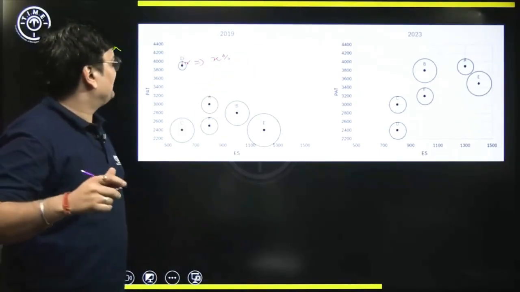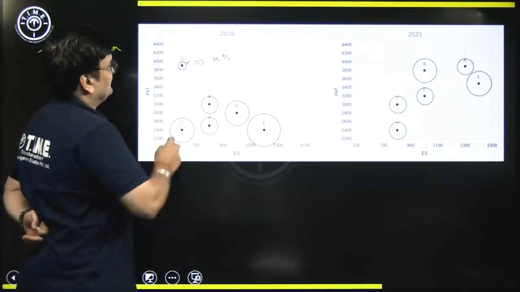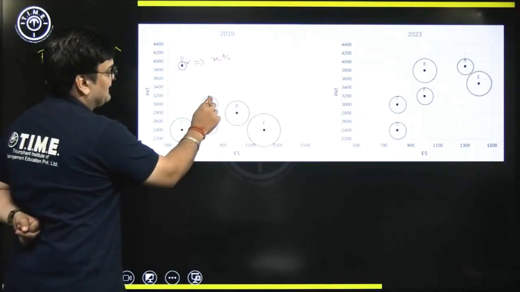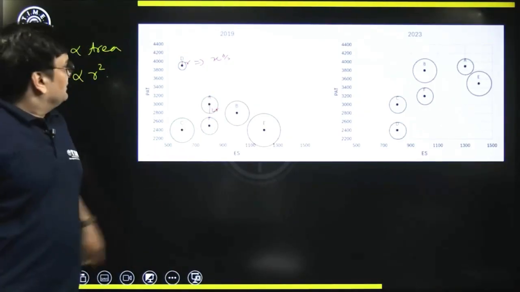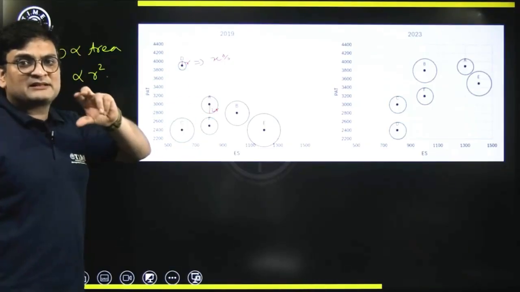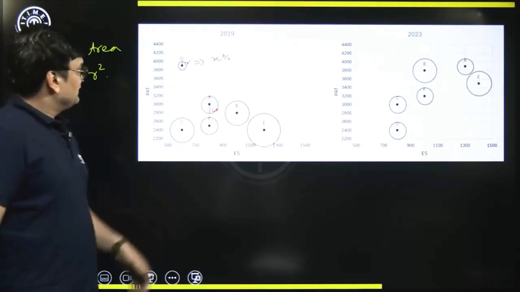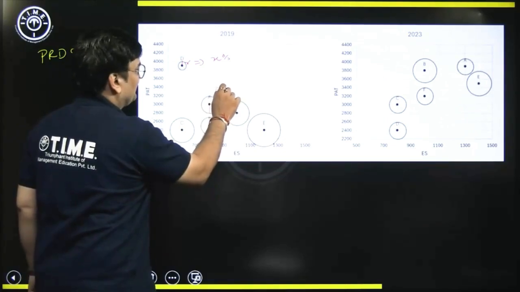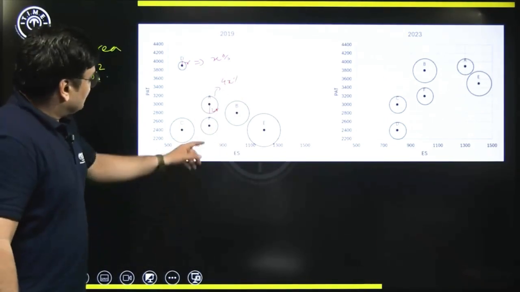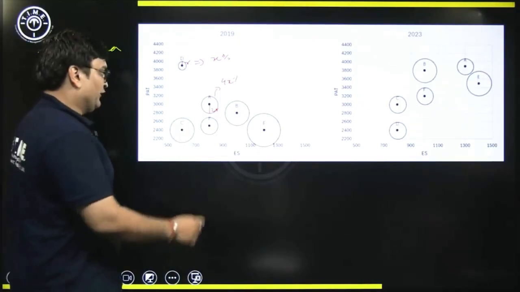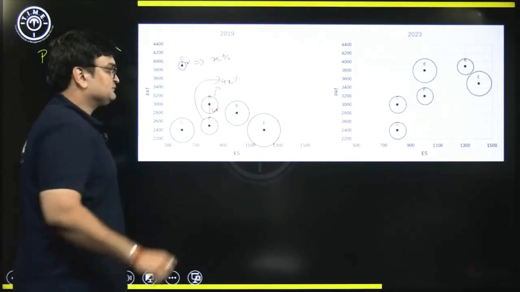Now come to A. If this radius is R, can you see that A's radius will be 2R? So the radius is doubled, which means the area will be quadrupled. So for A, the value will be 4x percent. F is the same, so F will also be 4x percent.